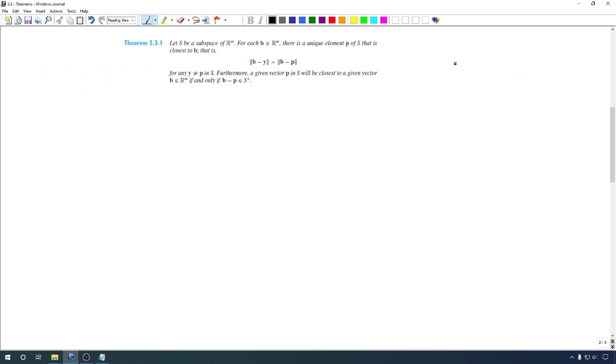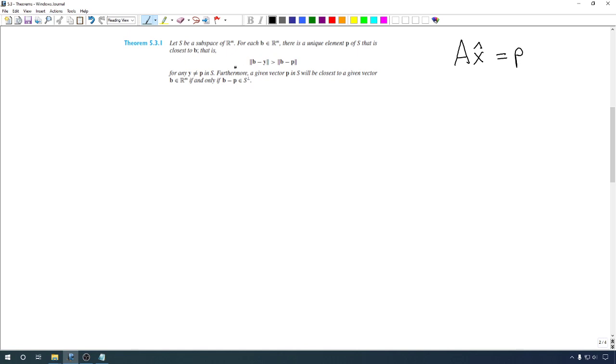If x hat is a least squares solution to our system, then the vector A times x hat is a vector, we'll call it p, that is in the column space of A. And so we're trying to find out how close the original b is to the column space. How close is it to the set of all possible p's? So that's where we have this theorem, Theorem 5.3.1.